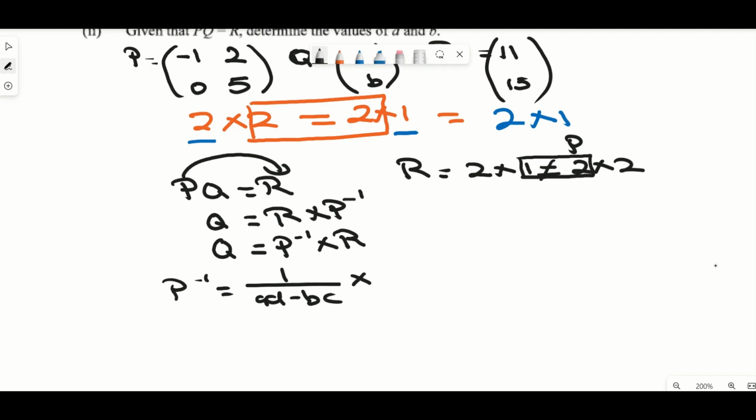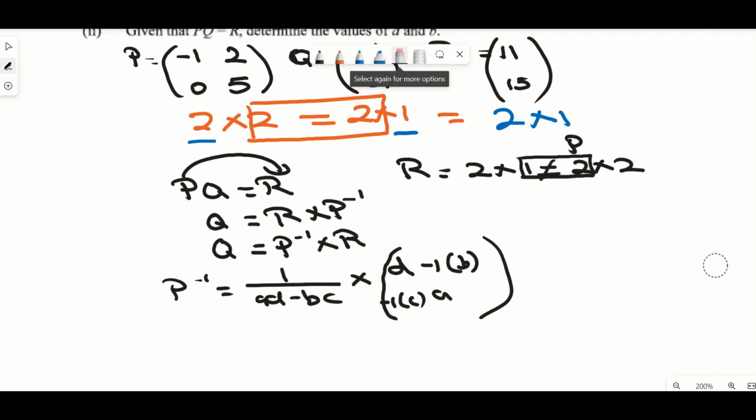And to find the adjoint of P would be to exchange the placement of A and D. So it'll be D and A, and we're going to multiply B and C by minus 1. So it's going to be minus 1 by B and minus 1 by C. And everything here is how you would find the inverse of P.